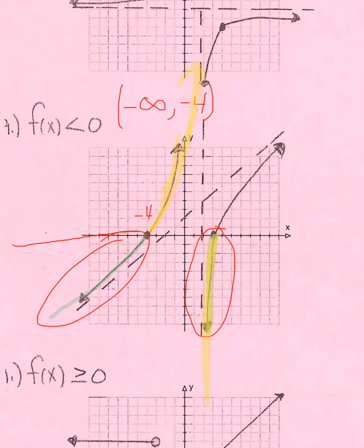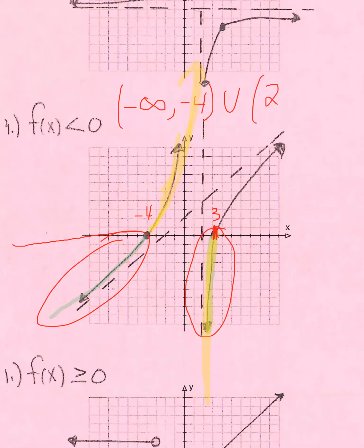hold on, gotta change my colors again, +3 right here, right? So there's +3. So my function is negative once I get bigger than 2 all the way up until 3, and then it stops. I cannot include 2 because remember, nothing exists there.